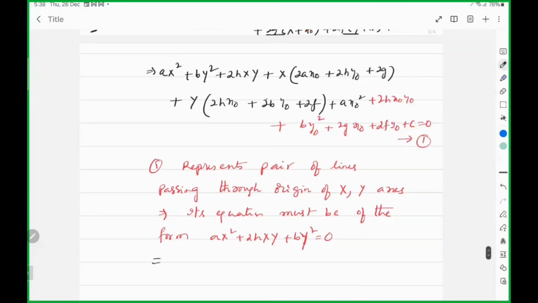So which is possible only if the coefficient of X must be 0, the coefficient of Y 0, and the constant also 0.